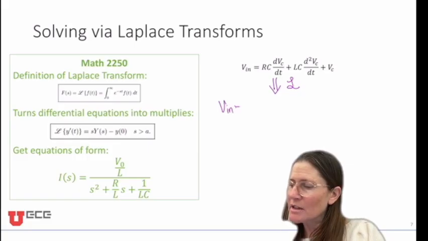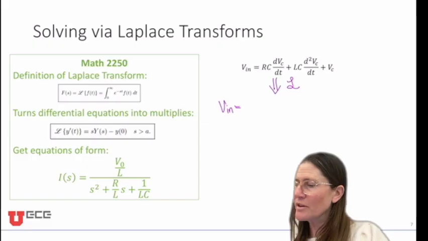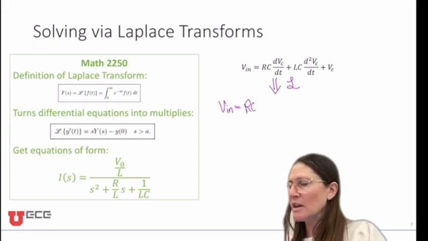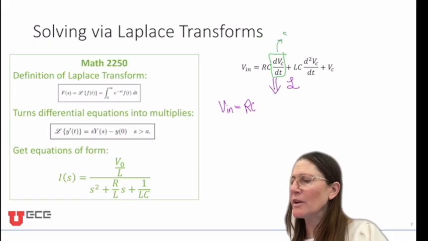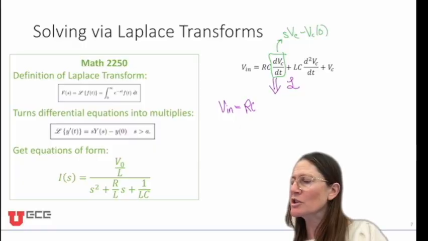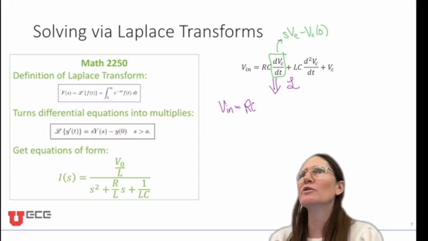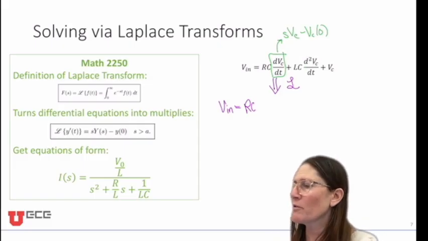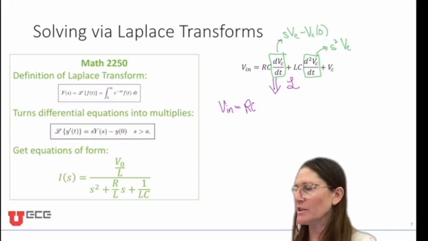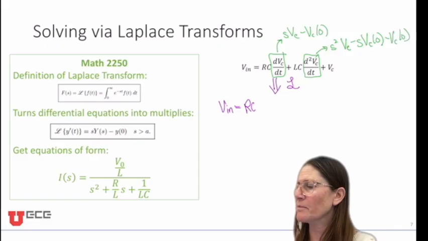and we get that this transforms into RC, and then the derivative, remember, is sVC, and then if you have an initial condition, it would be minus VC of 0, so that initial condition. For a second order, you get s squared VC minus sVC of 0 minus VC'(0).